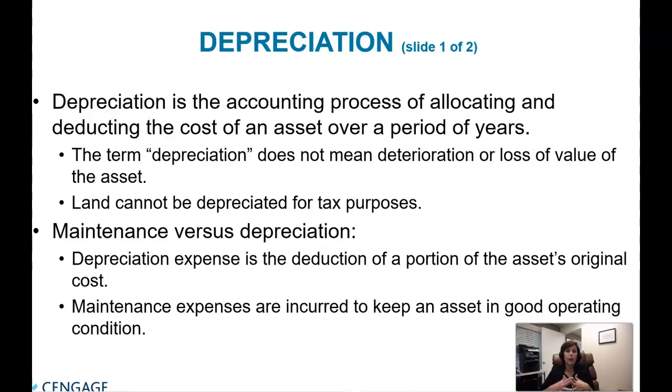Depreciation is a method by which we allocate the cost that we pay for an item when we acquire it over the item's useful life, and how we then expense that item on a yearly basis depends on the method of depreciation that we're using, and we'll talk more about that in a minute.